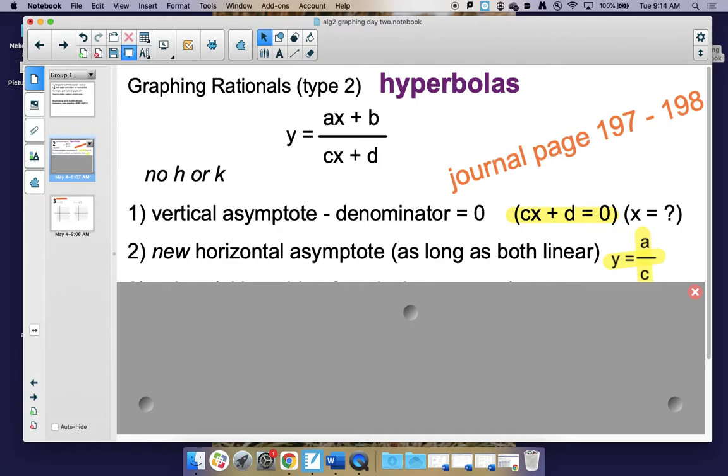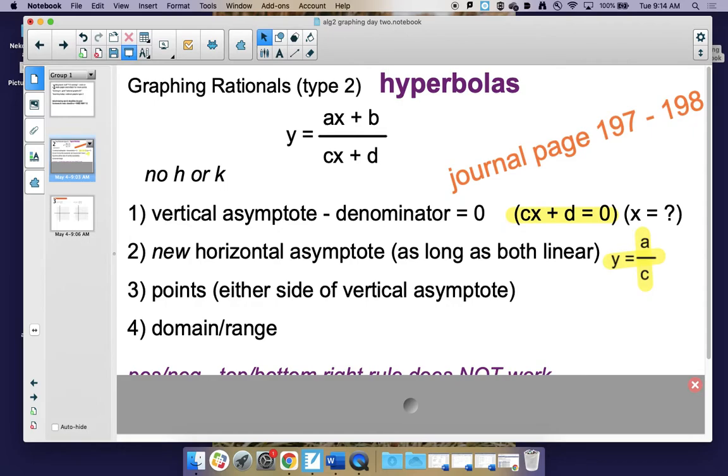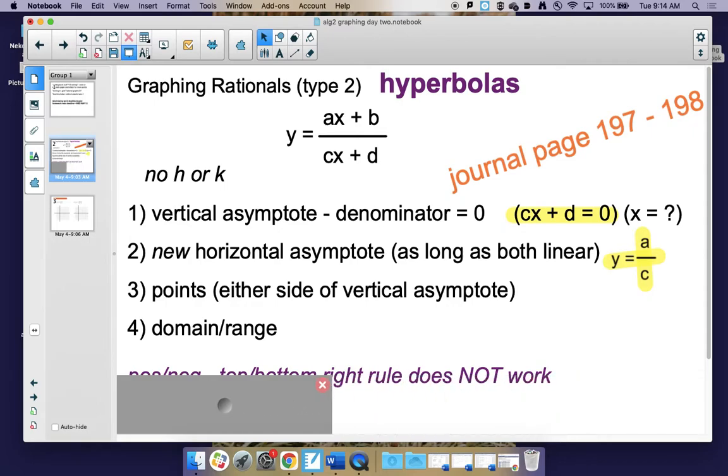The rest of this is pretty much the same. You find dots on either side. You find domain and range.